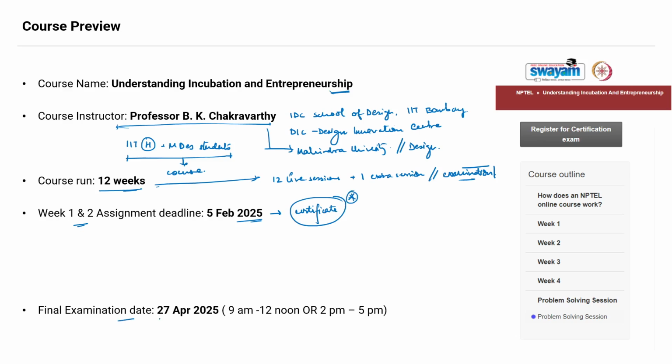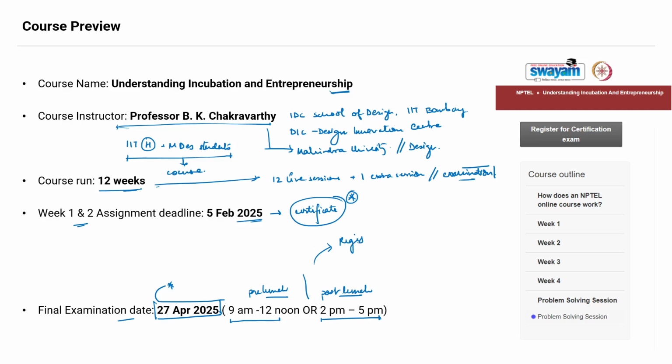The final examination date is 27th of April. Okay, that's the exam date. And it would be either in the first half or in the later half, that is the pre-lunch slot and the post-lunch slot. And for that, you'll have to register yourself.